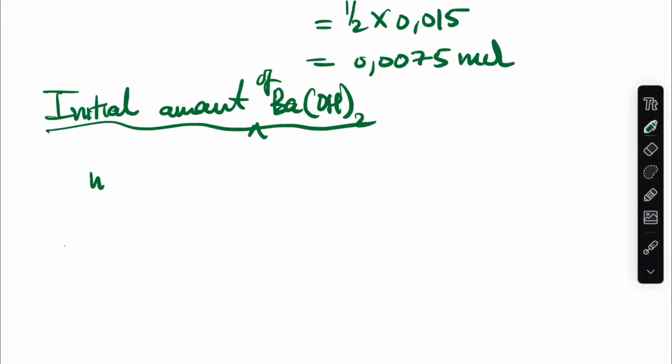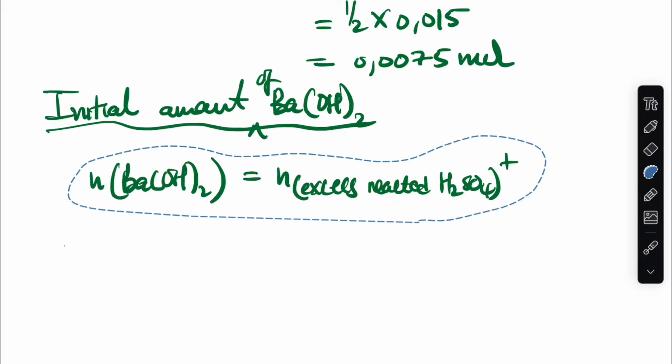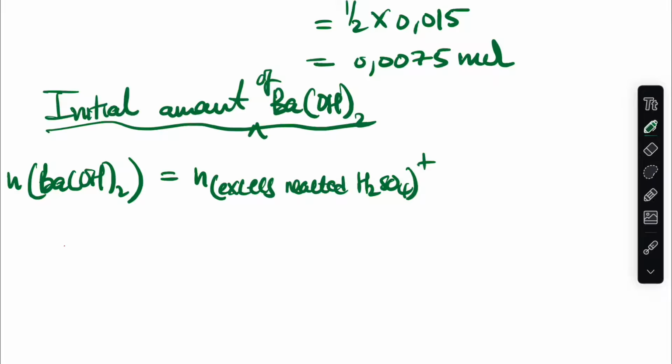What I'm going to do is say the initial amount of barium hydroxide is equal to the number of moles in excess, the number of moles of the barium hydroxide in excess that reacted with the sulfuric acid, plus the number of moles of the barium hydroxide reacted with HCl.